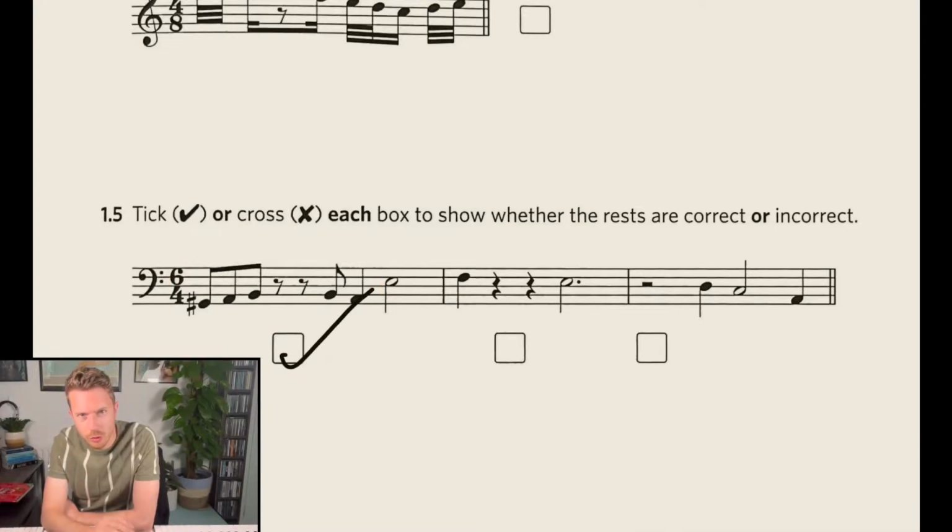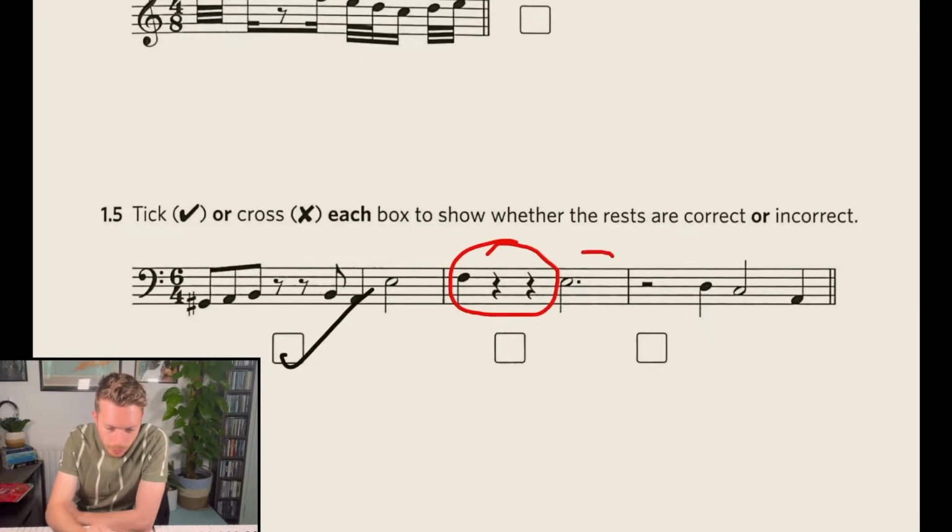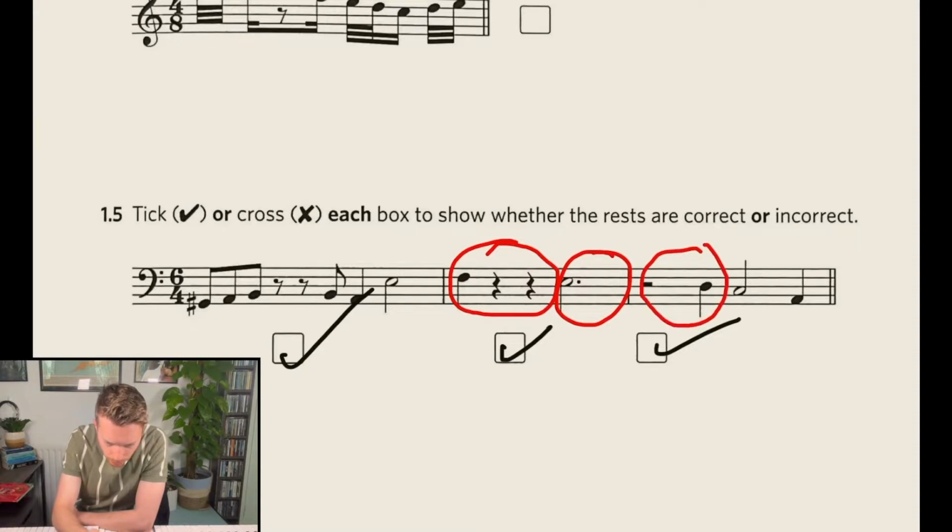For this next one, we have 2 crotchets next to each other, which means that's a group of 3, and that's a group of 3. So if we're in 6/4, we want to group it into 2 groups of 3 crotchets. Okay, so that one also makes sense. That is right. And the last one is also right, I believe, because we have a group of 3 and a group of 3.